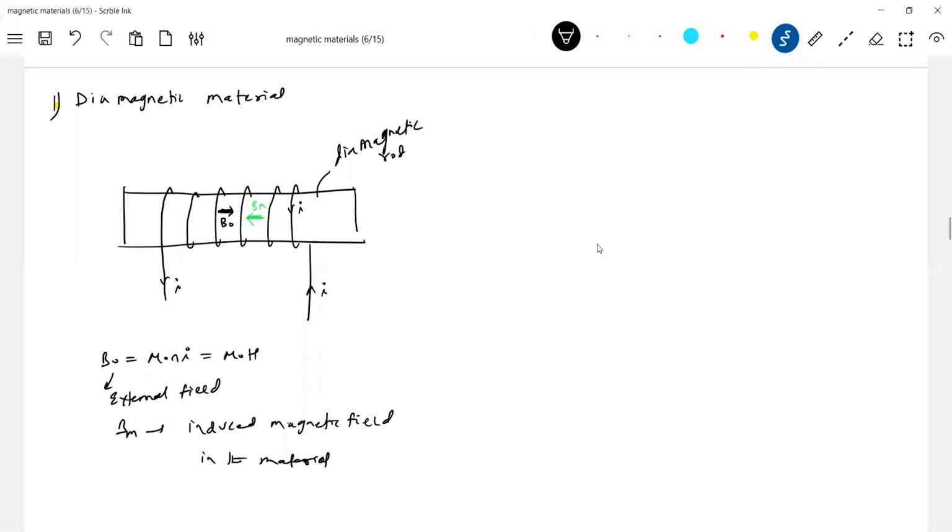So diamagnetism is purely due to the revolving electrons here. Earlier, the electrons were revolving in a circular orbit. Initially, this was the electron that was revolving in a circular orbit.